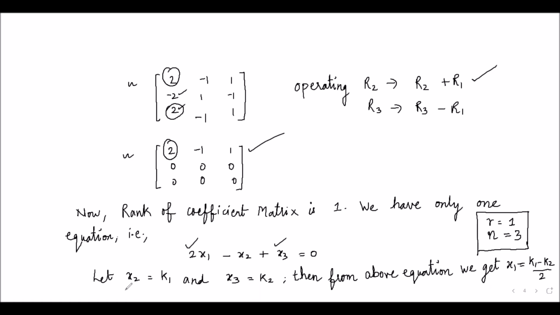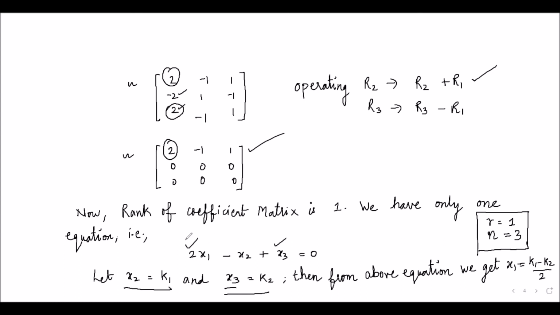So what are we assuming here? We are assuming that x2 is equal to k1. x2 is a free variable. It is free to take any value. And the second free variable which we are assuming is x3, and we're saying that x3 is equal to k2. x3 is again free to take any real value.